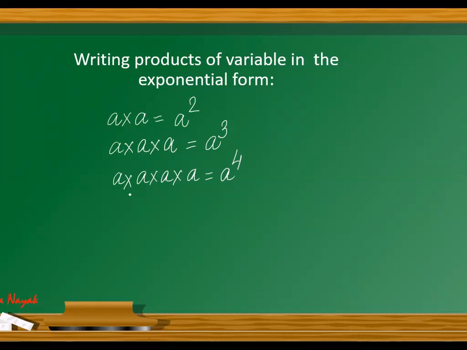Similarly, if it is b multiplies b multiplies b, it will be b to the power 5.